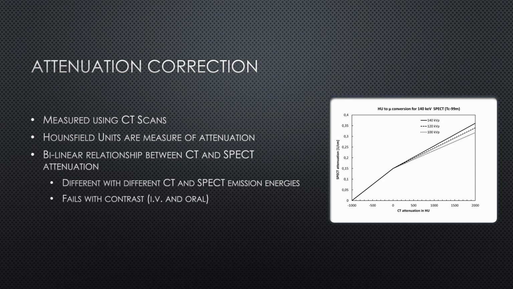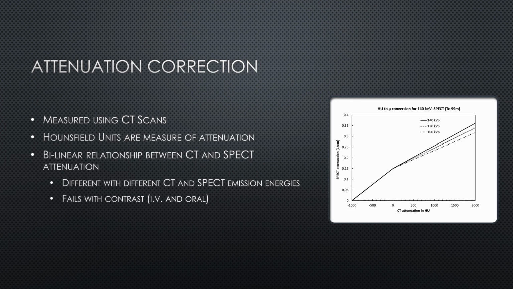And similarly, if we had an image up here for an iodine-131 spectrum conversion, which is a lot higher energy, you would see a different conversion relationship again. So these bilinear relationships, we have a library of them for different CT energies, but also for different SPECT emission energies. So using these bilinear relationships, we can convert from CT attenuation in Hounsfield unit to SPECT attenuation.